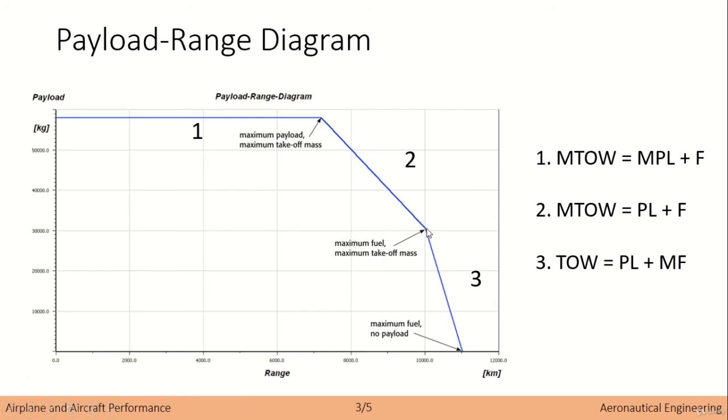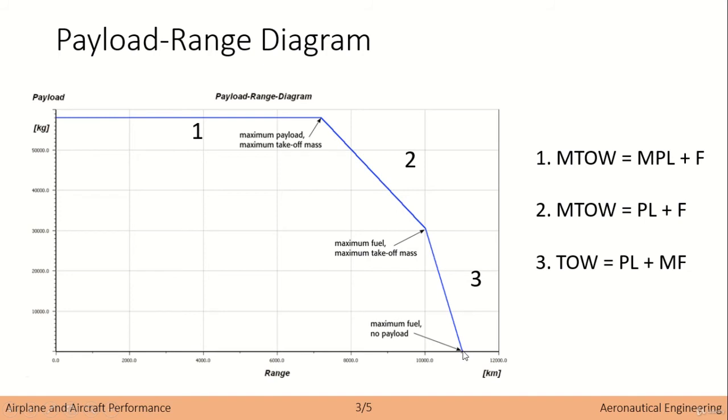As you see, the maximum takeoff mass is actually constant, as we mentioned before, and maintained because we have reduced the payload in order to increase the fuel. However, at this point the fuel is already maximum, so throughout 3 we will have maximum fuel. Okay, so in this case we continue to have maximum fuel.